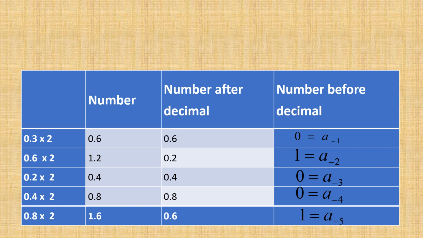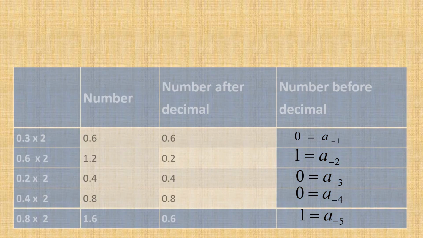0.4 times 2 equals 0.8. Here the number after decimal is 0.8, the number before decimal point is 0, which in this case will be recorded as A_-4. 0.8 times 2 equals 1.6. Here the number after decimal is 0.6, the number before decimal point is 1, which in this case will be recorded as A_-5. As you can see, the process will never end.